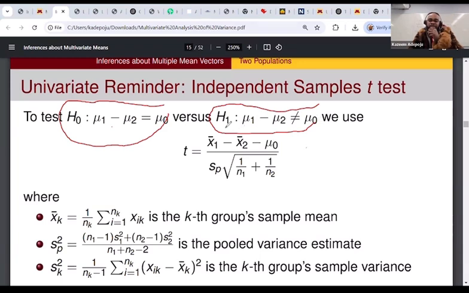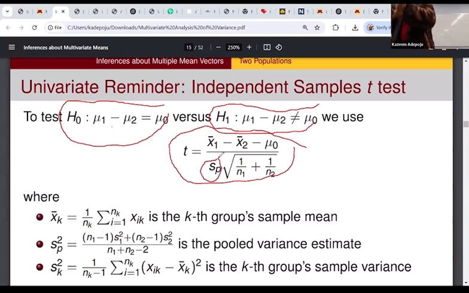Of course, if you take a look at this formula here, that is the test statistic for that. SP here is the pooled standard deviation. When you are conducting two sample t-tests, we have situations where we make use of a pooled variance formula, and we also have situations where we do not.